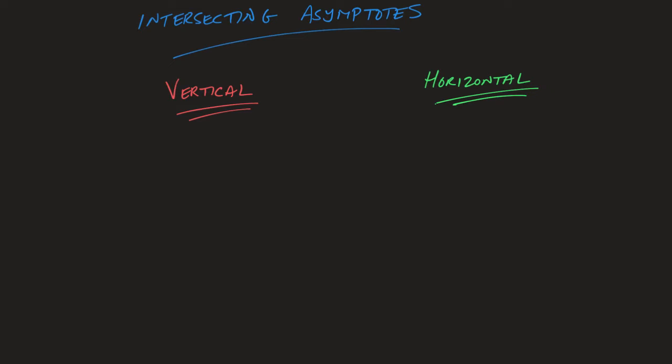So let's take a look at this scenario. Really what we're going to talk about is the idea of crossing, touching, or intersecting asymptotes. Let's address the first case in red, vertical.